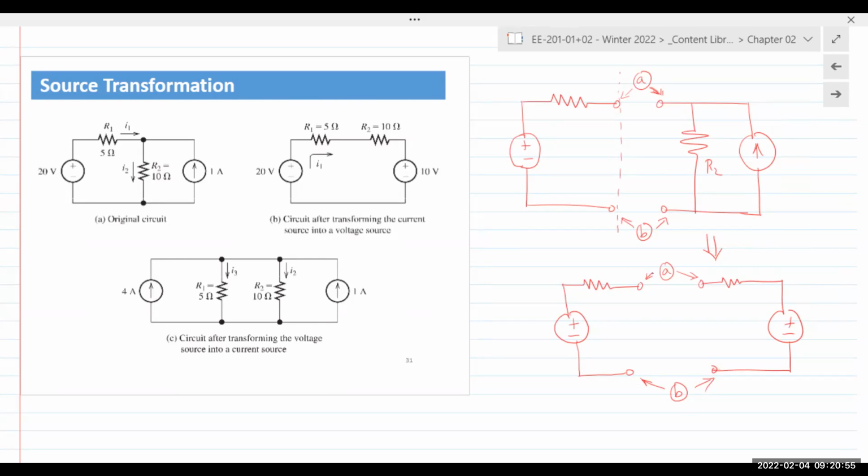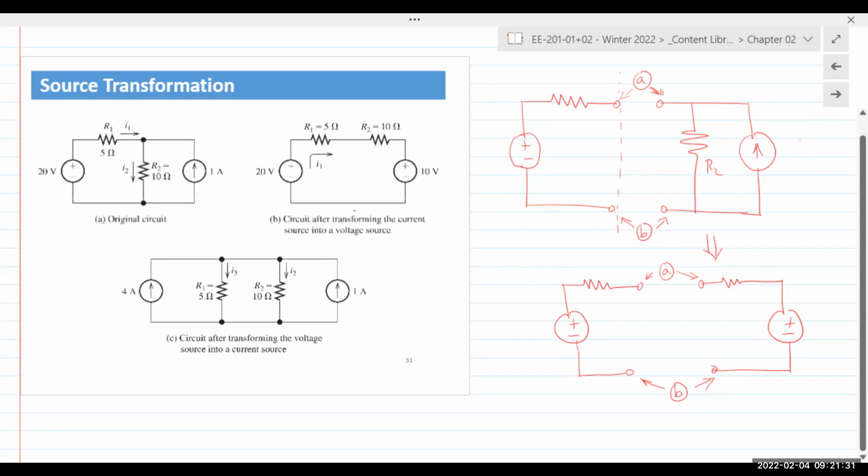When I transform it into a voltage source, R2 remains the same, but now it's connected in series with the voltage source. And then, as I said, we take it out, we transform it, and we connect it back into the circuit, and we obtain circuit B. Let's call it intermediate A1.